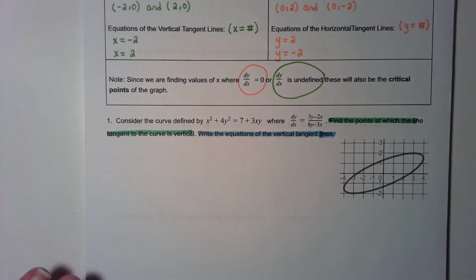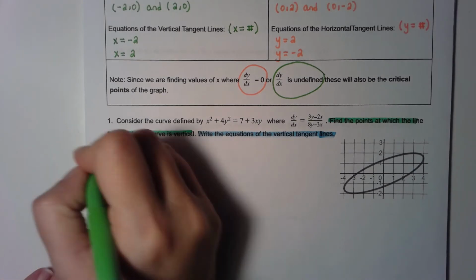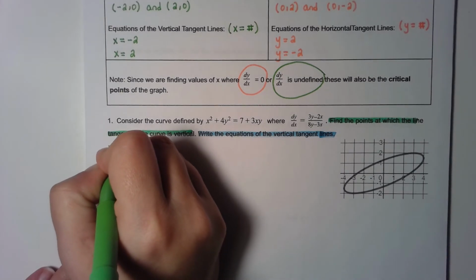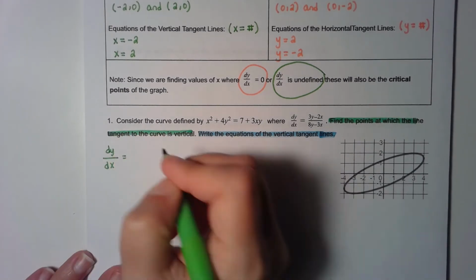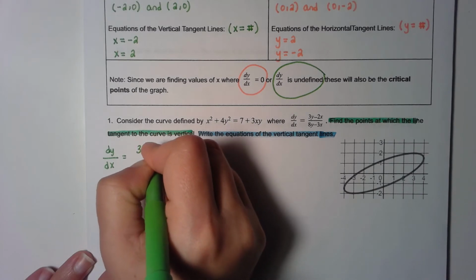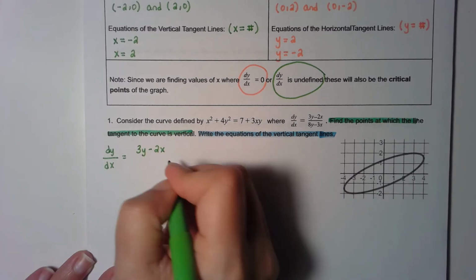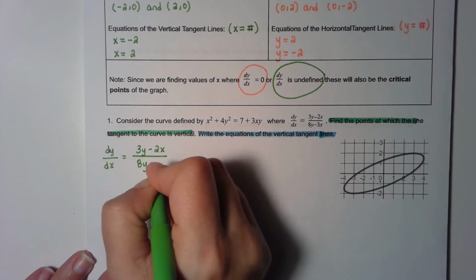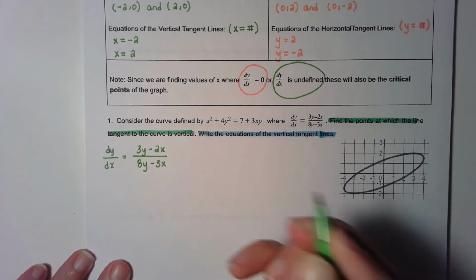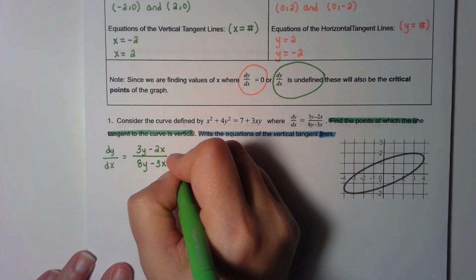Okay, if I want to find the points at which the tangent line to the curve is vertical, then what I need to do is look for where the derivative, which in this case is dy over dx, equal to 3y minus 2x over 8y minus 3x, is undefined.